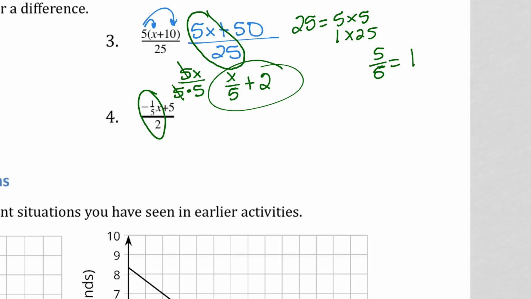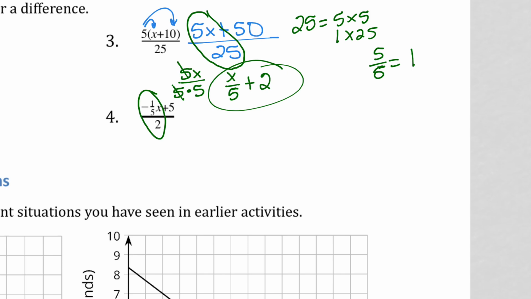Okay, so keep change flip. It was something we did a long time ago. That is whenever you're dividing by a fraction.